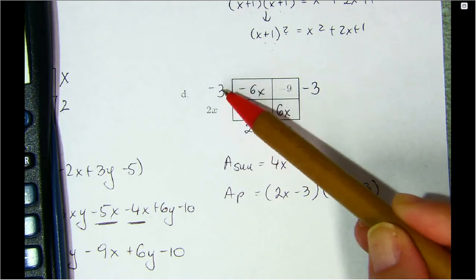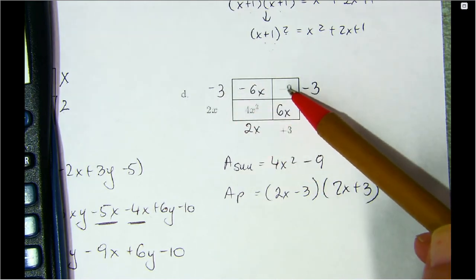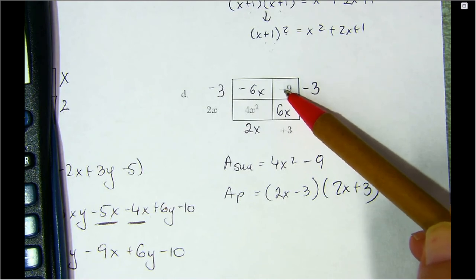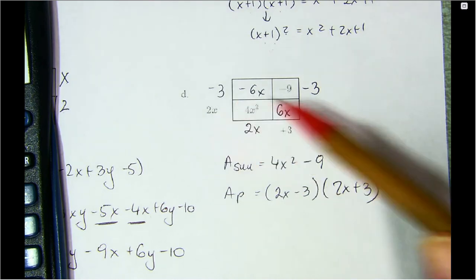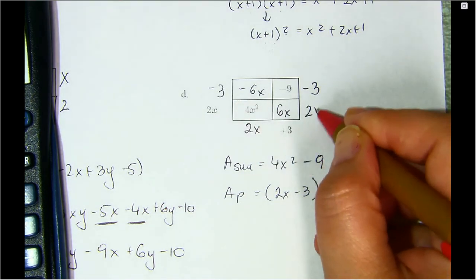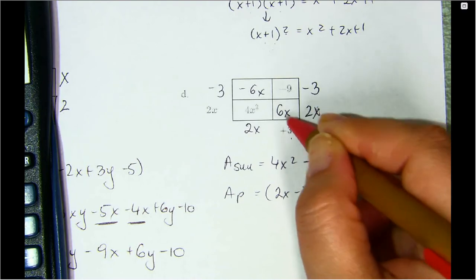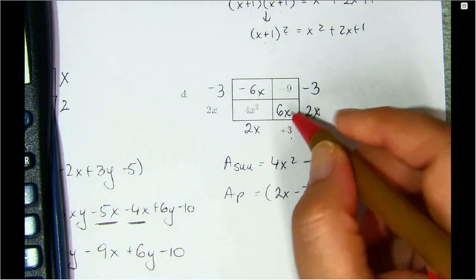Okay, I didn't know this yet, so I'm going to try negative 9, to use negative 9. Oh, I can actually find this one, because I know this side is 2x, right? And I know this is 3, so 2 times 3 is 6, and x.